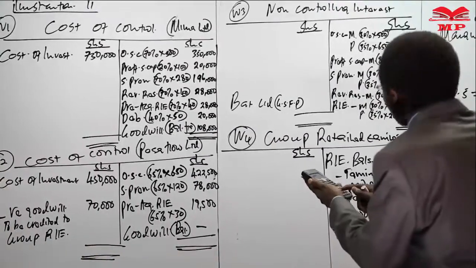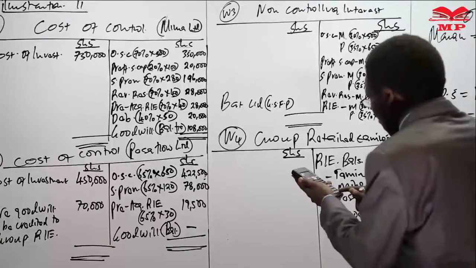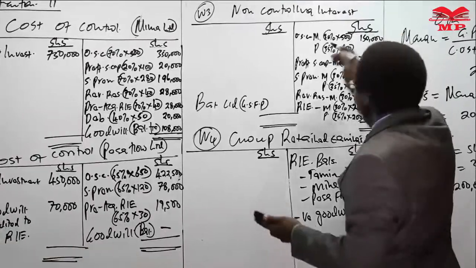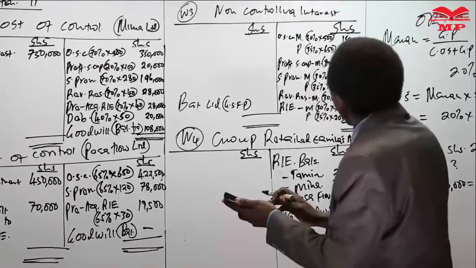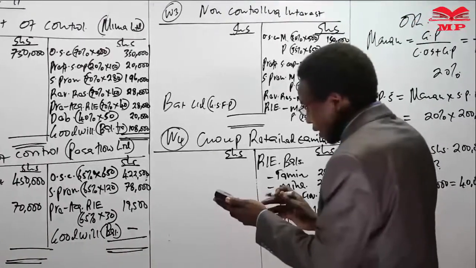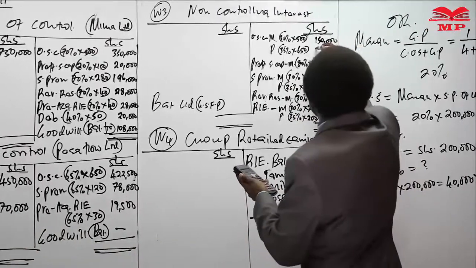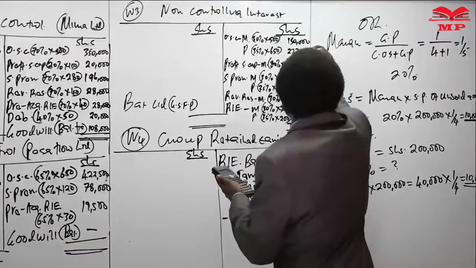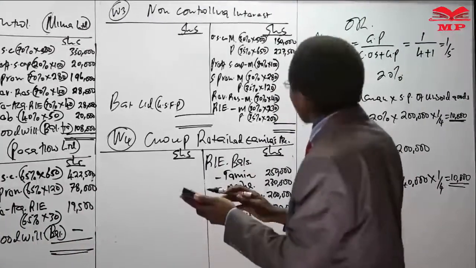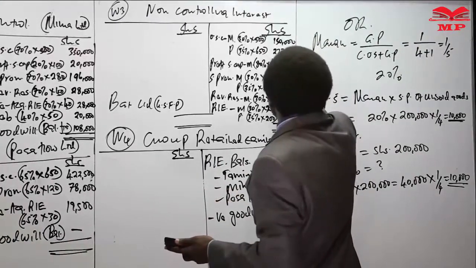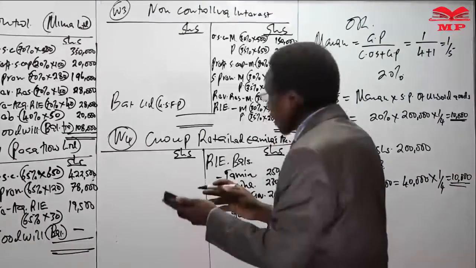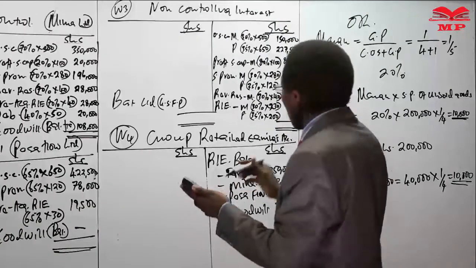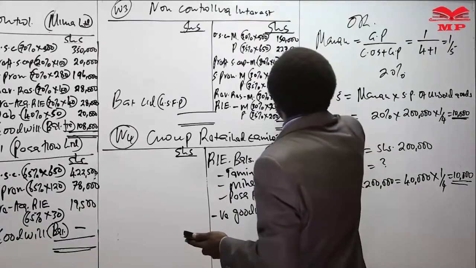We have the 30% of 500, that is 150,000, as you can see. Then we have the 35% of 650, that is coming to 227,500. Then we have the 80% of 100, that's definitely 80,000. We have the 30% of 280, that comes to 84,000.